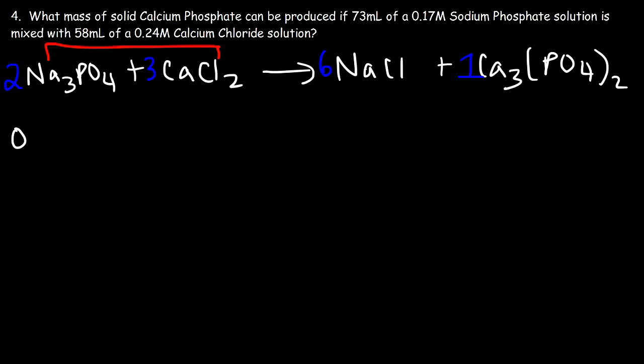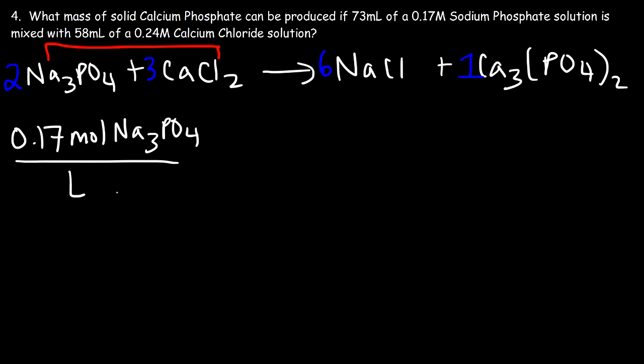So I'm going to start with 0.17 M. So there's 0.17 moles of sodium phosphate per liter of solution. And next, let's multiply it by the volume in liters. 73 milliliters is the same as 0.073 liters.